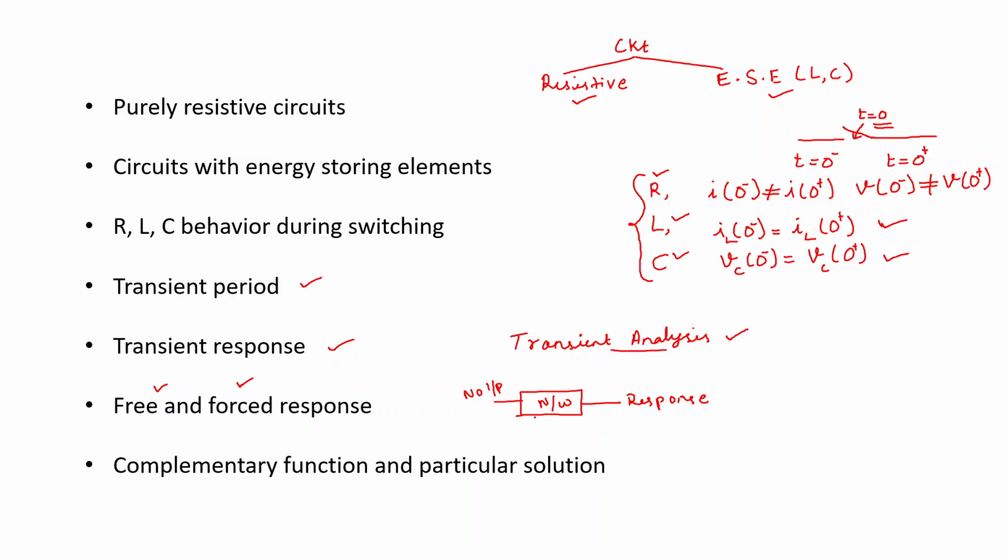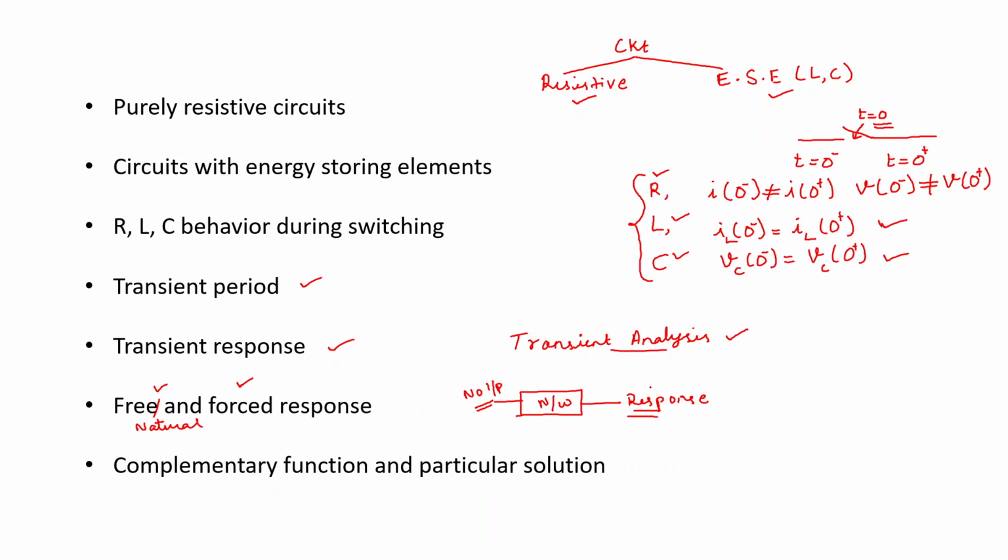If the elements in the network were earlier energized by some sources, then even when you don't have any input, you will get a response. Such responses are called free response or natural response. This is because of initially stored energy in the circuit.